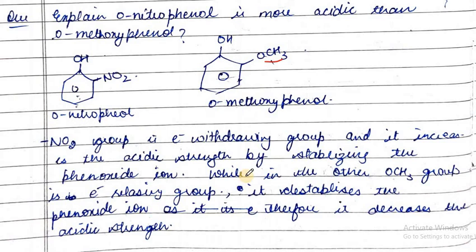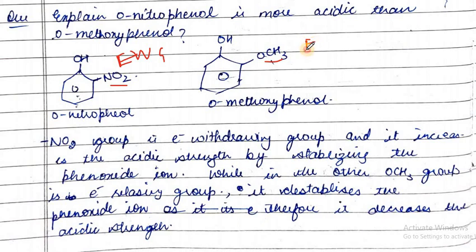By seeing the effect of groups, we can explain easily. The nitro group is an electron withdrawing group, and on the other hand this is an electron releasing group.